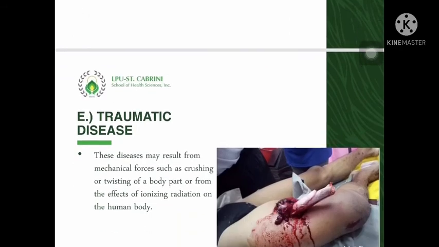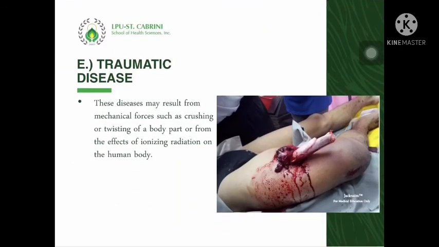So next is traumatic diseases. So these are usually caused by an external mechanical force. Okay? This may result from mechanical forces such as crushing or twisting of a body part or from the effects of ionizing radiation on the human body.